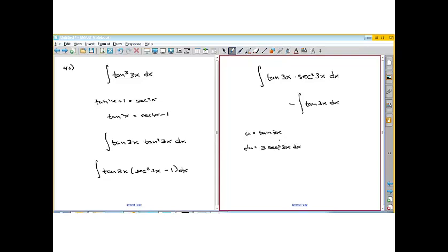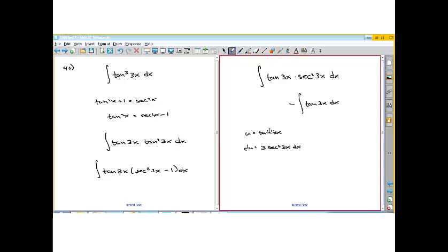If it was the tangent of x, it would just be secant squared of x. If it's tangent of 3x, it's 3 secant squared of 3x. If it's tangent of 5x, it's 5 secant squared of 5x. The argument doesn't change. You just get this extra constant out front, and that would be from the chain rule.